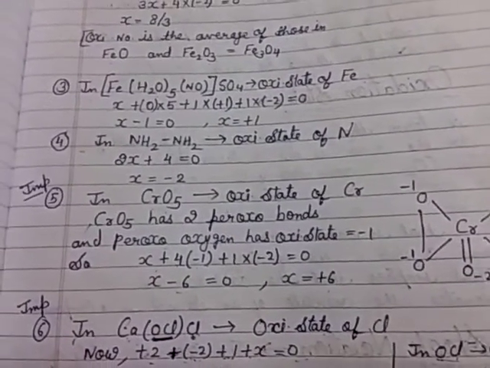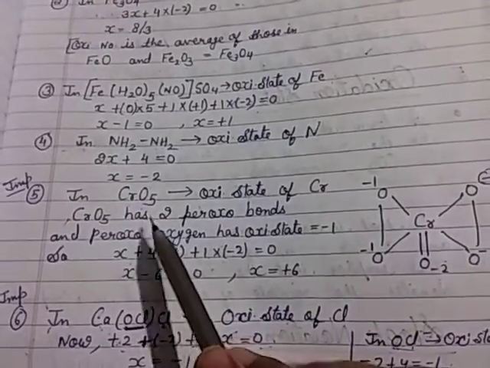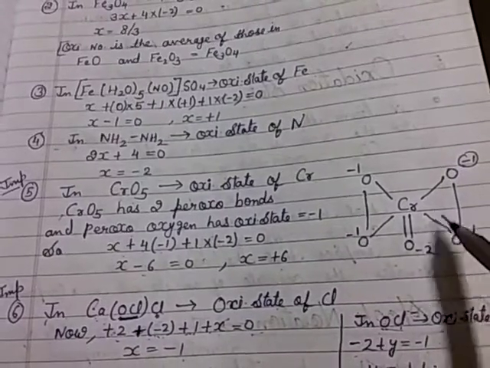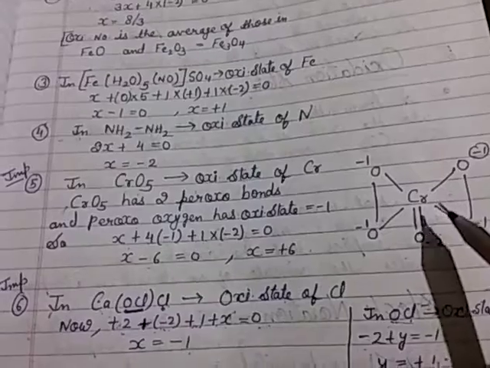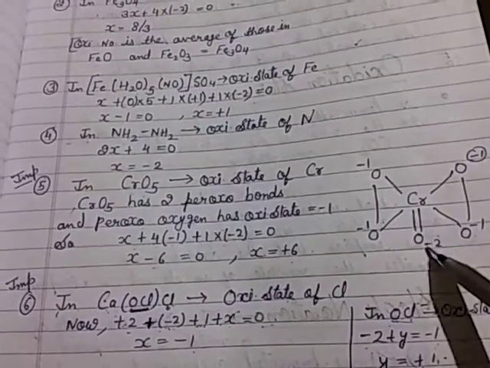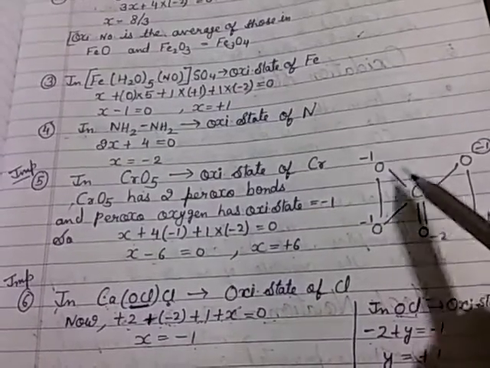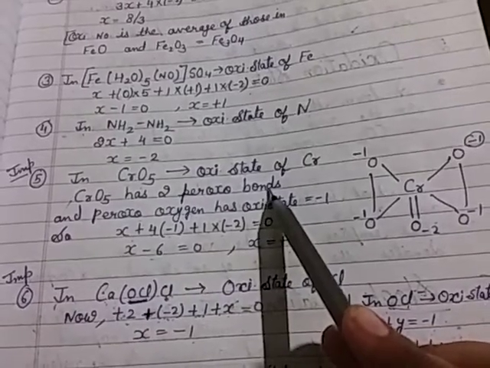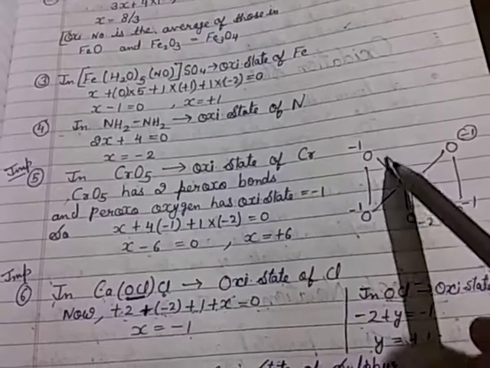Then in CrO5, the oxidation state of chromium. CrO5 has 2 peroxo bonds, because here you see four oxygens attached with a minus 1 charge, and only one oxygen with a double bond. So the double bond oxygen has minus 2 charge and the single bond oxygen has minus 1 charge. Here you see CrO5 has 2 peroxo bonds. So peroxo oxygen has oxidation state minus 1, because of the butterfly structure.